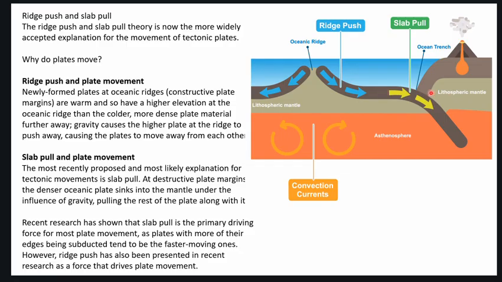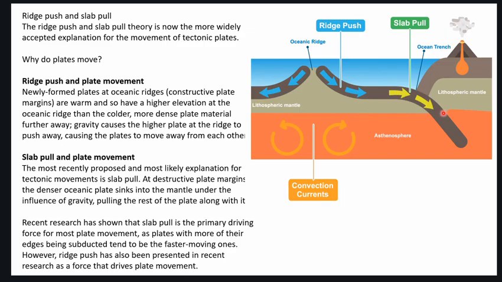So what happens for the slab pull is that one plate is often pulled beneath the other due to density, leading to the edge of the sunken plate plunging deeper.